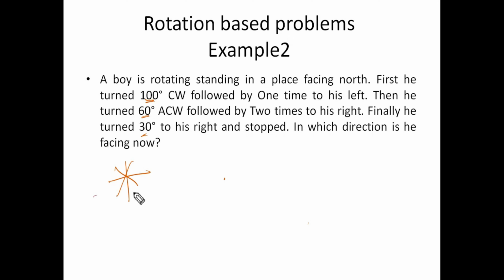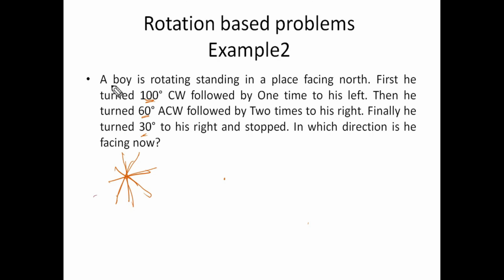Can you represent? No. So this method is somewhat better only when the angles are multiples of 45. So 45 0 times, 45 1 time, 45 2 times, 45 3 times, 45 4 times, 45 5 times. Then it is better. Other than 45 multiples, our second method, the shortcut method, is the best.